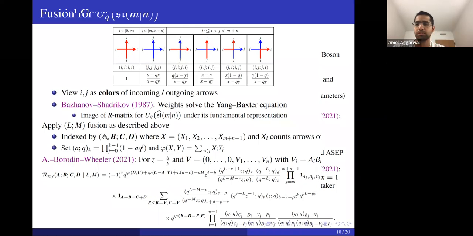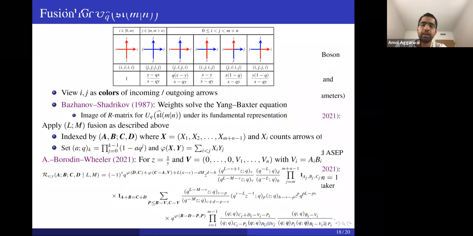So I have an A coming in from the bottom, a B coming in from the left, a C exiting from the top, and a D exiting through the right. These A, B, C, D will be (m+n)-tuples. I'll use x to index either A, B, C, or D, and here x_i is counting the number of arrows of color i along a given edge.